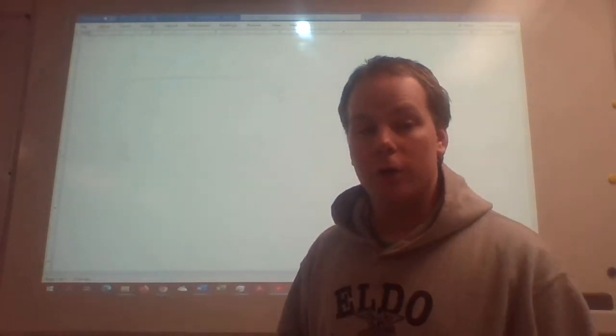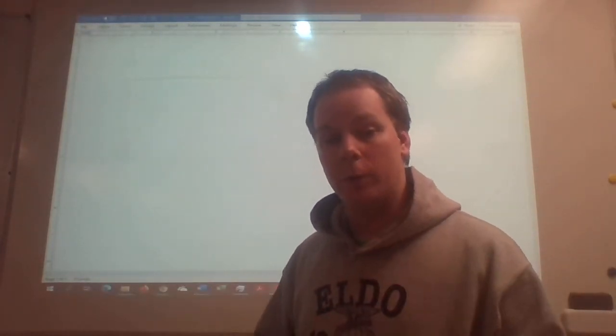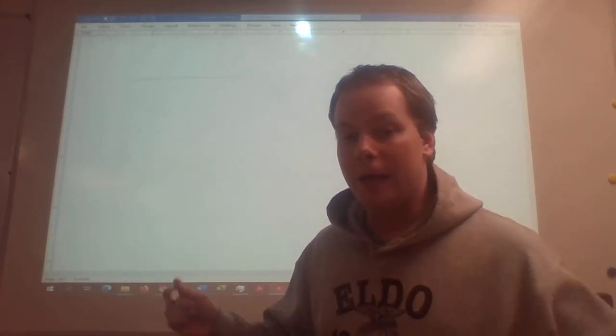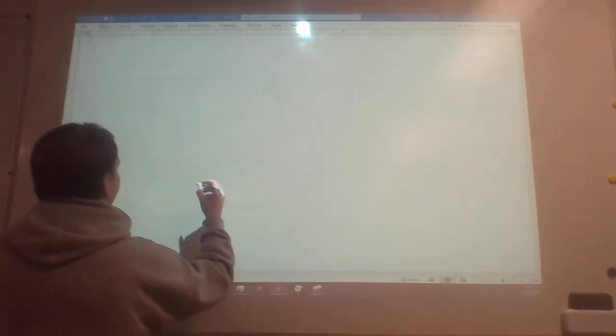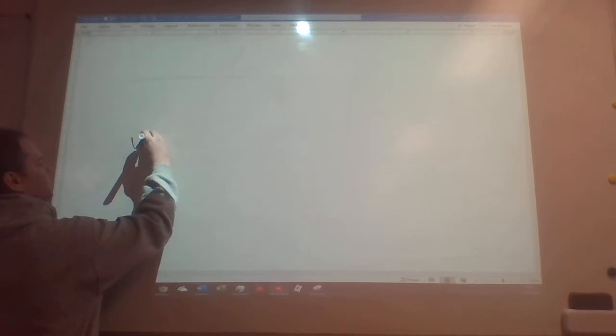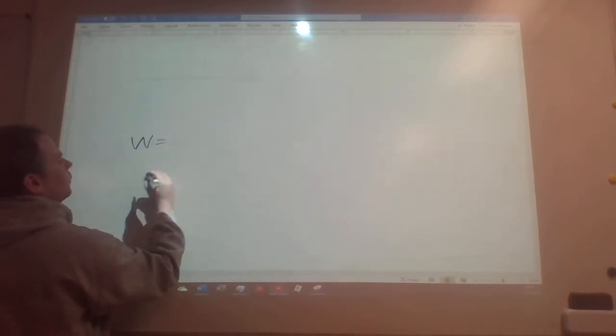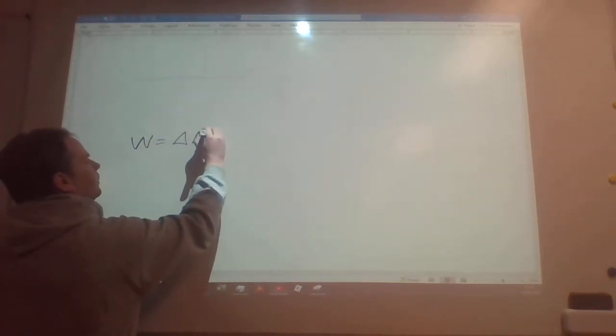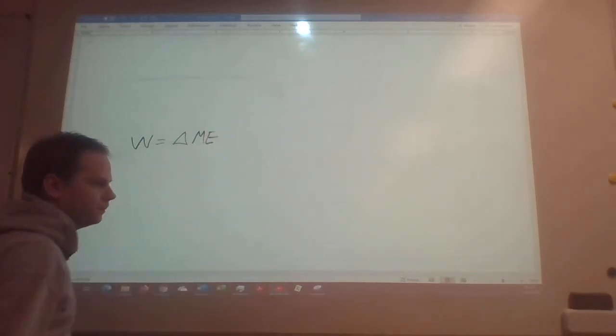So let's first look at the root equation for the work energy theorem. And that is simply that work is equal to the change in mechanical energy.